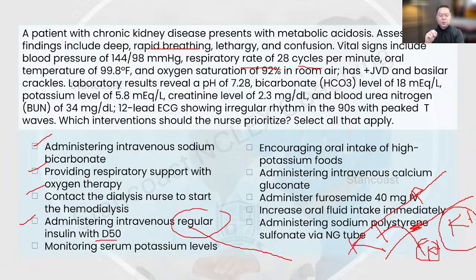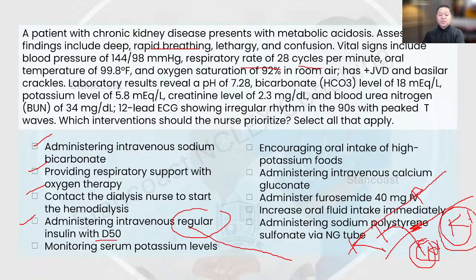So for that duration of 6 hours, the potassium ions will be staying inside the cells. So we are actually allowing the influx of this potassium, because if we're not going to do that, the patient will be endangered into developing life-threatening dysrhythmias. We don't want that. And so we're going to keep the potassium ions inside the cell at this point.